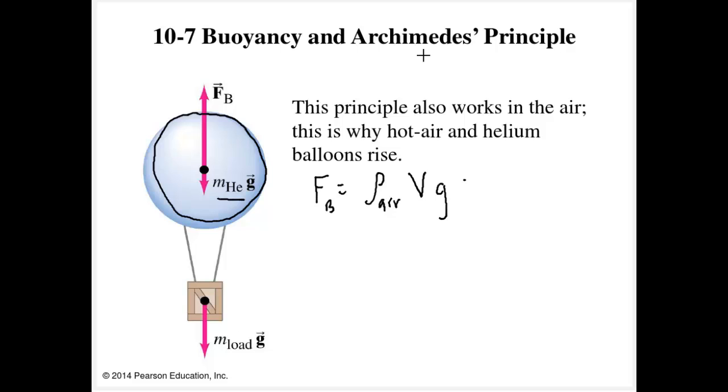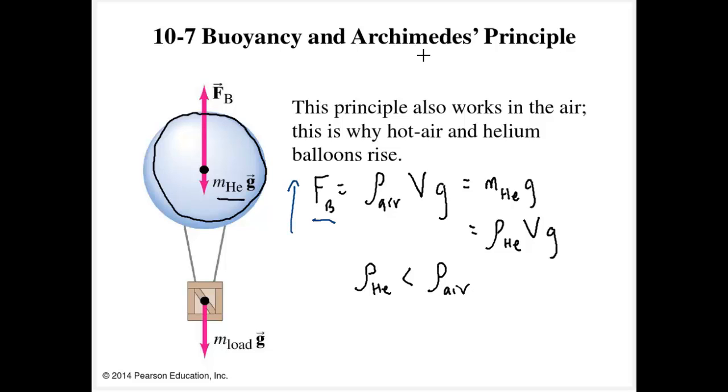That's going to be equal to the mass of the helium multiplied by gravity, which we could also say is the density of helium multiplied by the volume of the balloon multiplied by gravity. And we know that the density of helium is much less than the density of air. So what that says is this buoyant force is going to be in the upwards direction.